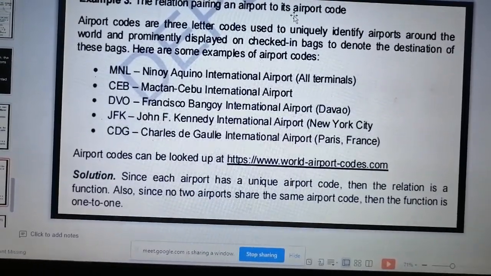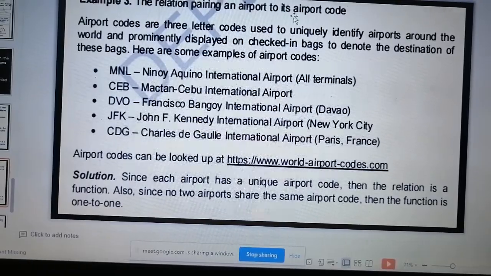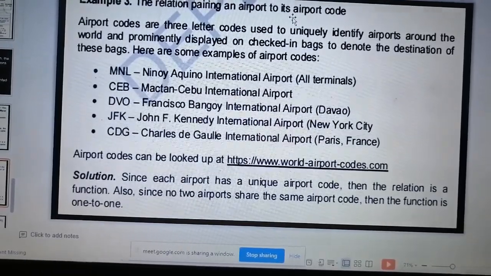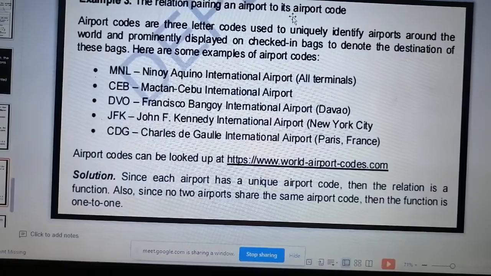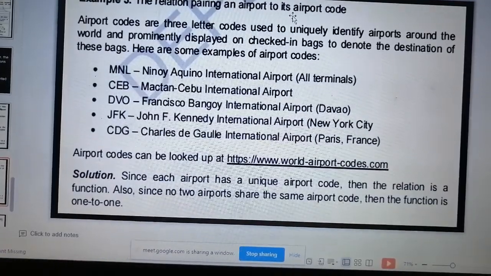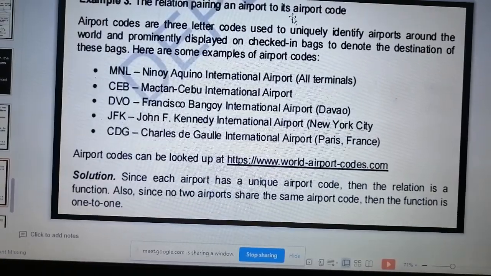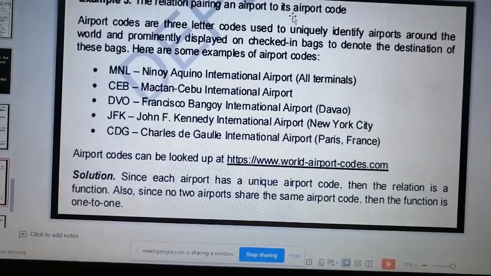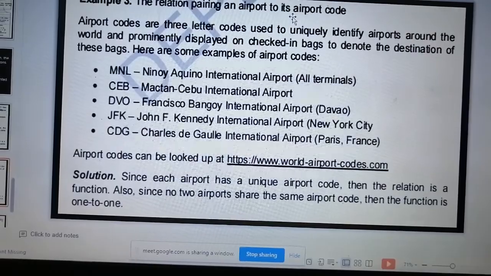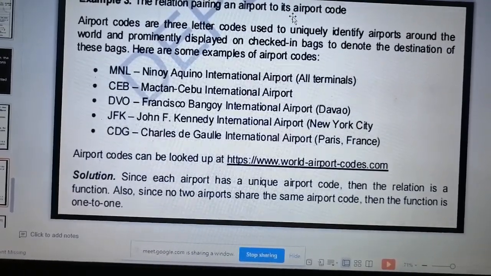Relation pairing an airport to its airport code. Anak, ang mga airports natin may mga codes yan, di ba? Katulad ng Ninoy Aquino International Airport. Lahat ng terminal may mga code yan.